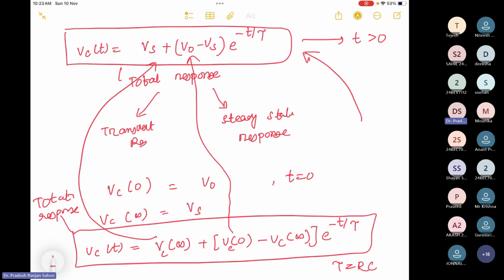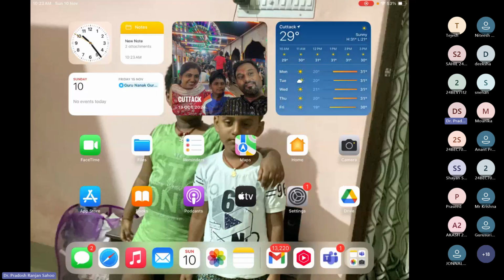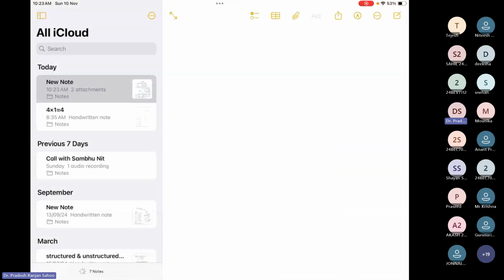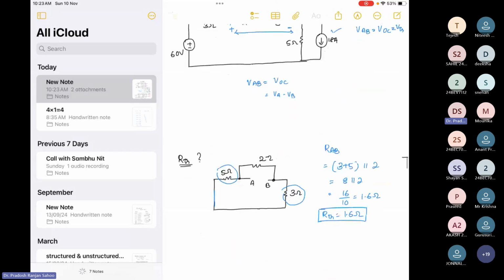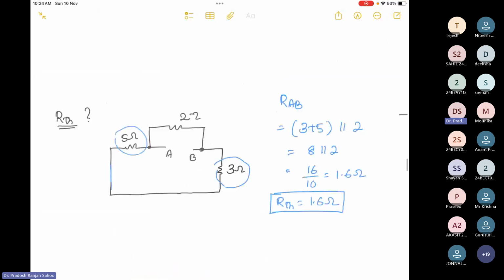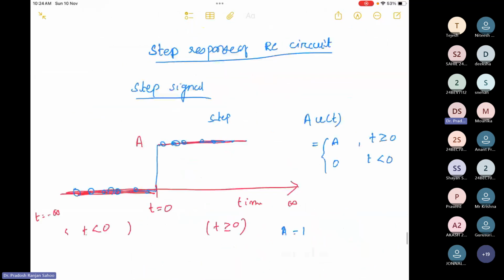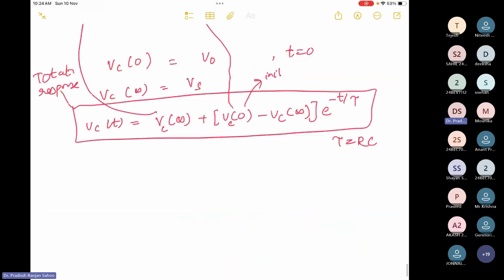The total response is the voltage across the capacitor at infinity, plus the initial voltage term.